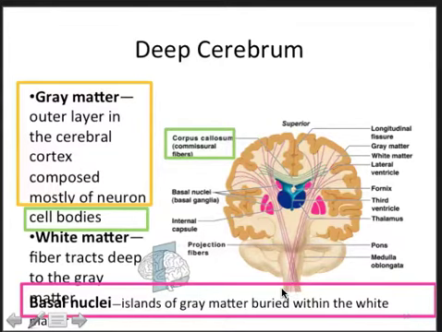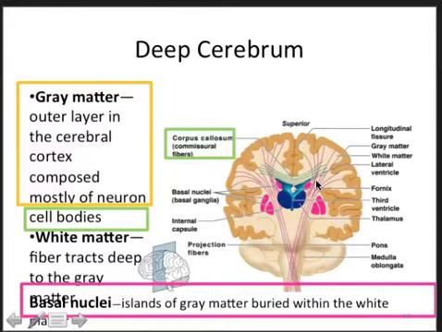Sensory information coming in from the left side of the body goes to the right cerebral hemisphere and vice versa as well. This is called decussation, or crossing over, and we honestly don't know why this occurs, but we just know that in higher mammals that's the way that the wiring is set up.